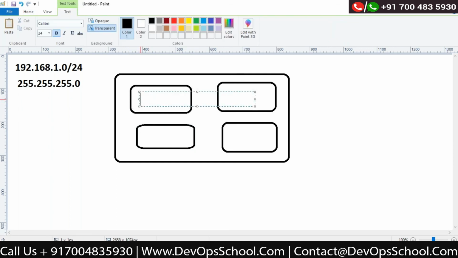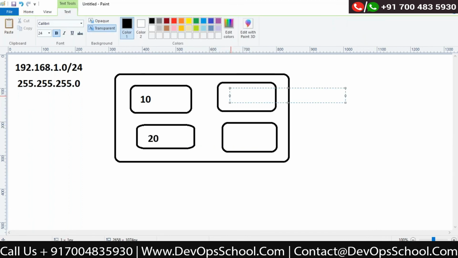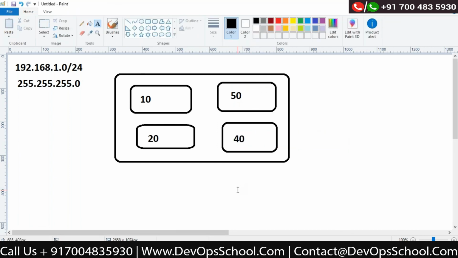So you can say my IT department requires 10 IP addresses. My HR requires 20. My admin requires 50. My call center guys require 40. Correct? So I do have 4 different departments and I would like to divide a single IP address as per this requirement.